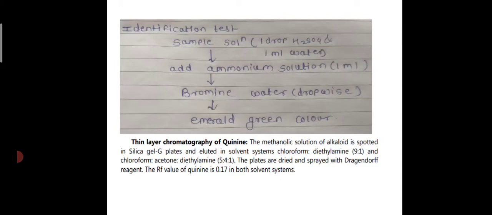The Rf value of standard quinine is 0.17. If the test sample shows a slightly lower Rf value than the standard, we say that the isolated component passes the analysis test and is effective for us.